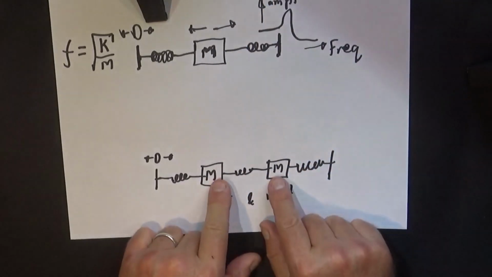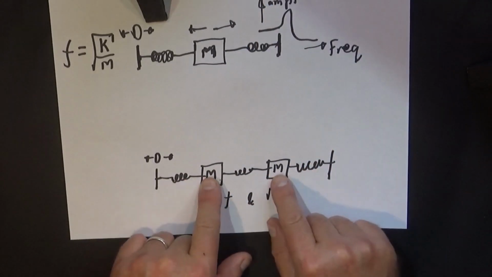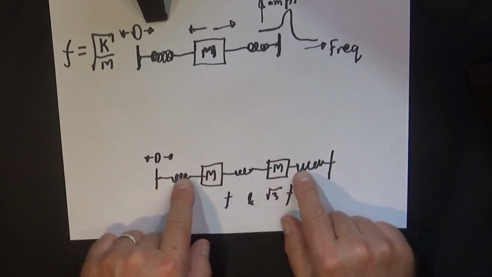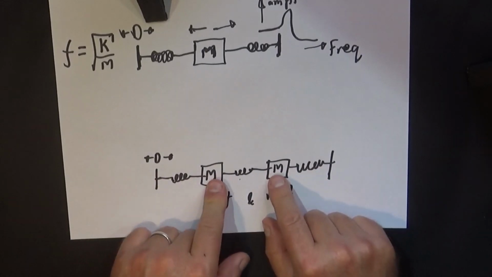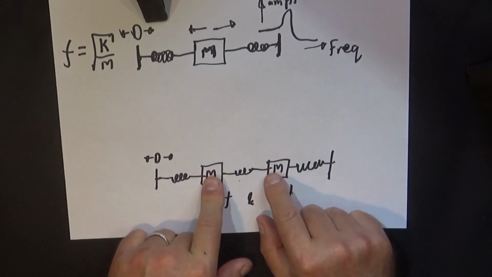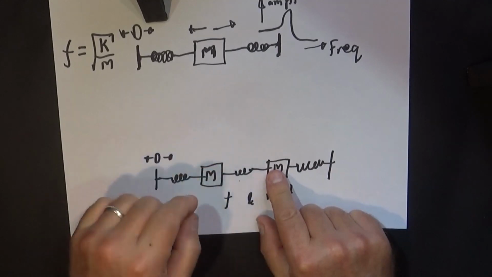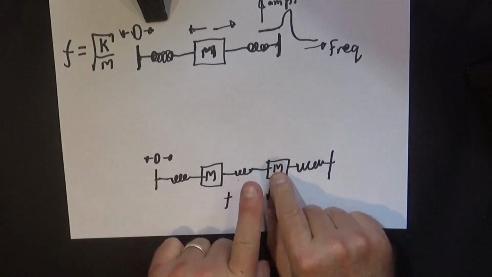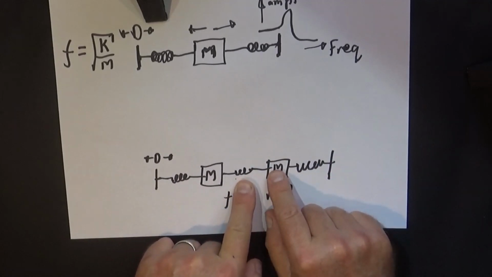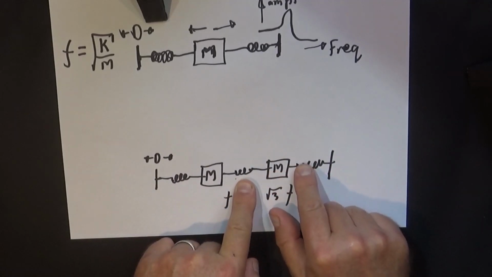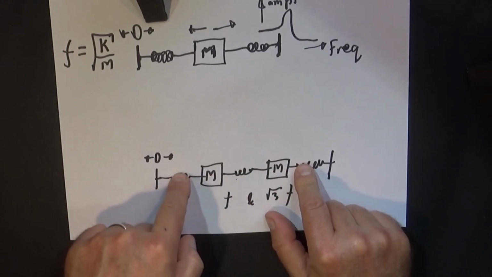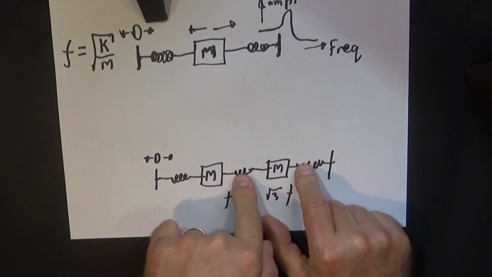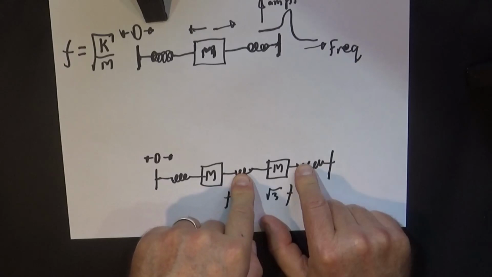Now what's happening when they're moving apart? Well, if we look at when they're moving in opposite directions, and we look at one of them, it's got the normal spring here, and here, when that's moved 1 unit that way, that's moved 1 unit that way, so that spring is getting twice as extended.